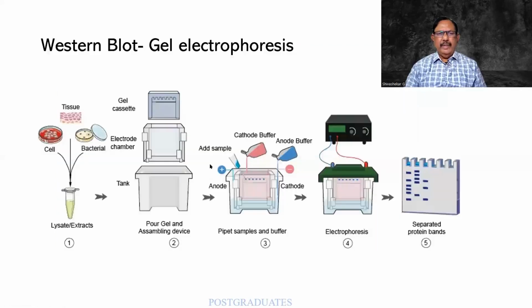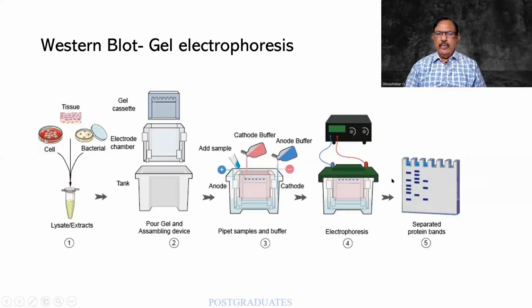Kindly read it. This is a Western blot, gel electrophoresis. This is a bacterial sample that is over here. There is a lysate extract, and this is a gel cassette kept in an electrode chamber, and this is placed in a tank. Look at this over here. There is a sample. Multiple wells are over here. The cathode buffer and the anode buffer are over here.